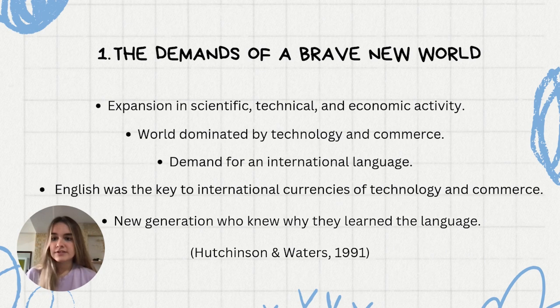For many reasons, this role fell to the English language. Since English was the key to the international currencies of technology and commerce, many people wanted to learn it. This also created a generation of learners who knew why they were learning the language, for example, a doctor who needed to keep up with developments in their field.